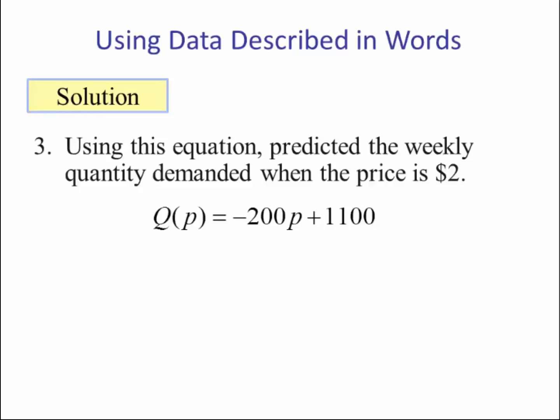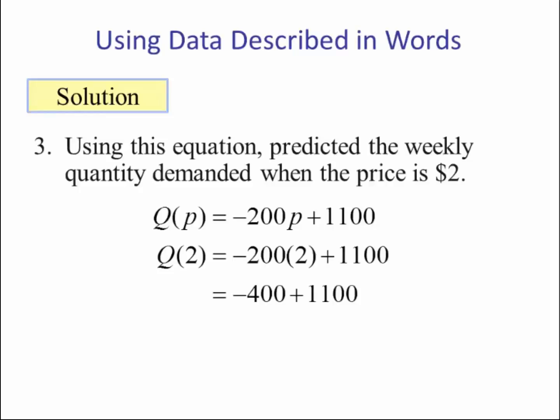We want to predict the quantity demanded when the price is 2. So Q of 2 would equal negative 200 times 2 plus 1100, which becomes negative 400 plus 1100, which gives us 700. So when the price is $2, the weekly quantity demanded is 700.